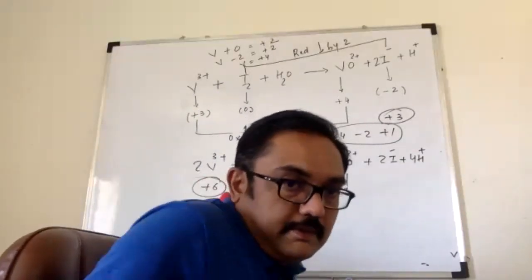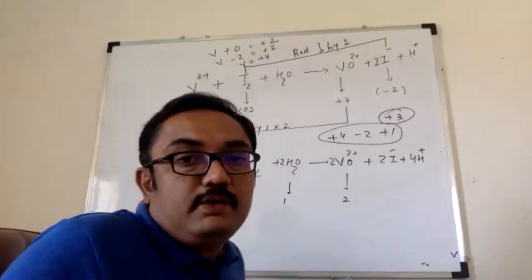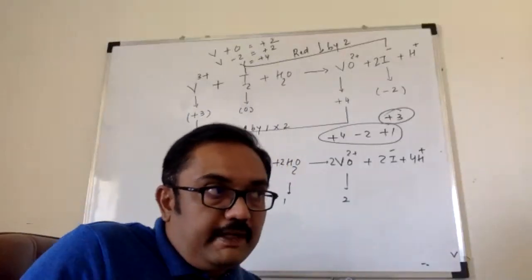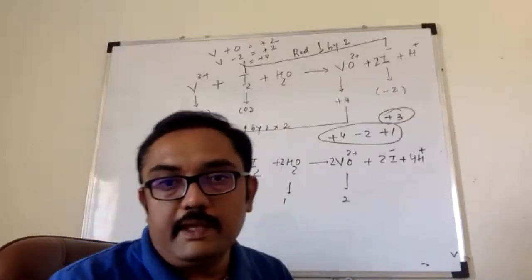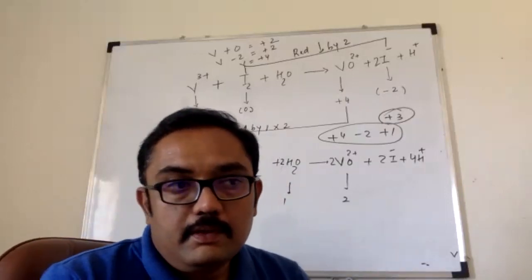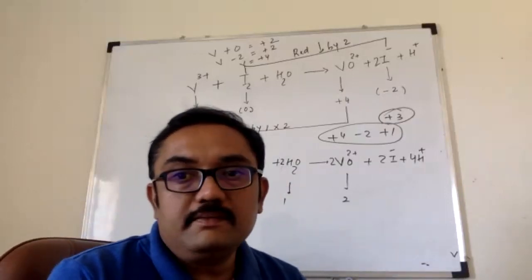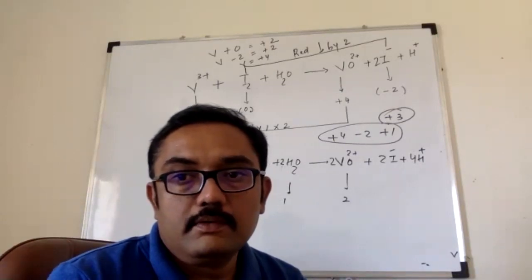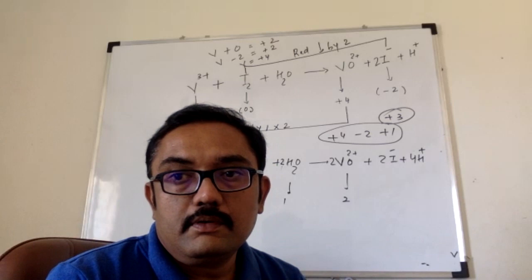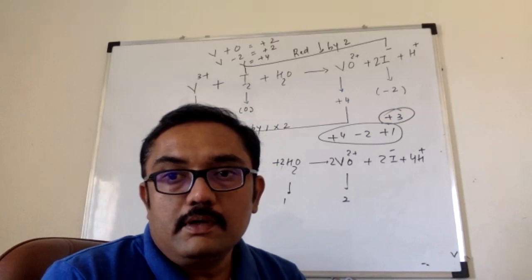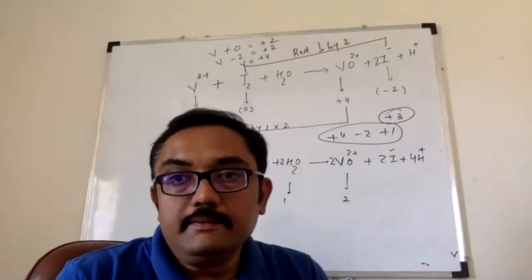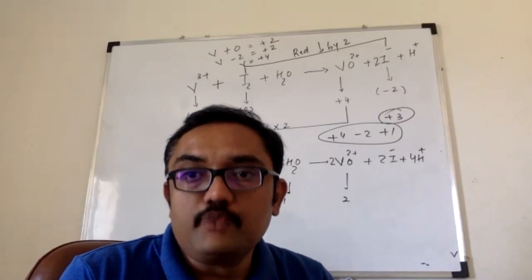Oxalate ion is C2O4 2 minus. So manganate ion reacts with the oxalate ion to give Mn2 plus and carbon dioxide.